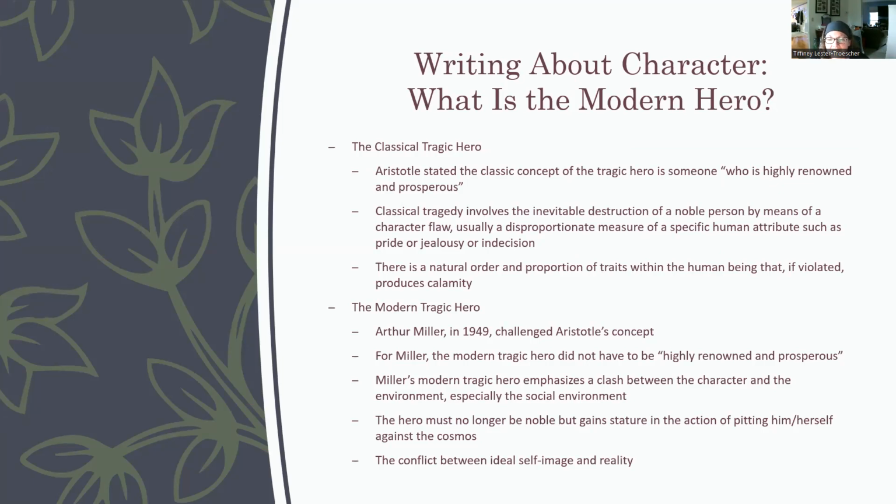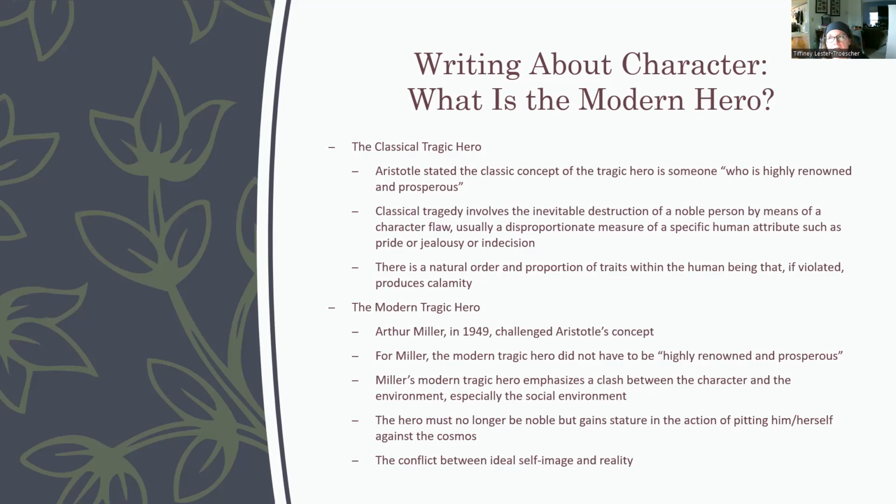And the tragedy involves the destruction of that noble person due to a character flaw. So it's usually a disproportionate measure of a specific human attribute, such as pride or jealousy or indecision. Perhaps it's the tragic flaw of being vengeful.